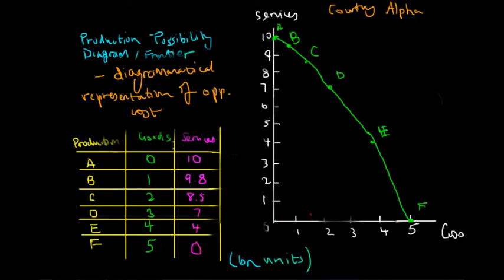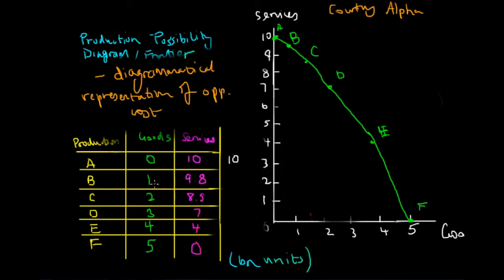If we assume that the pleasure or the satisfaction derived from consuming a unit of good or a unit of service corresponds with the price that the consumer has paid for it, we can just add these up and get the satisfaction in dollar terms. So if you add the value of goods here at point A, you get 0 plus the value of services, which is 10 billion, and you get $10 billion worth of pleasure.